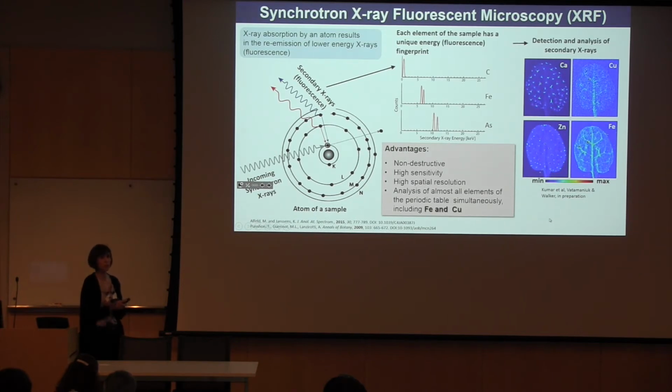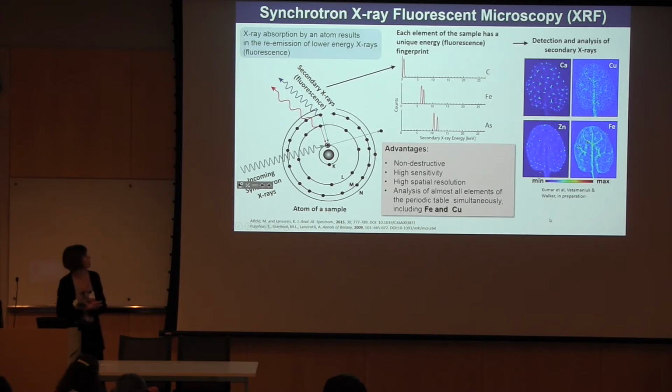You don't really need to prepare samples, depending on the resolution you want to study. So what we do in the lab is we just take a leaf, go to the synchrotron, and look at the elements, which is amazing. It has very high spatial resolution, and we can analyze pretty much all elements of the periodic table. And for us, important elements are copper, iron, and we're also leaning more towards zinc.